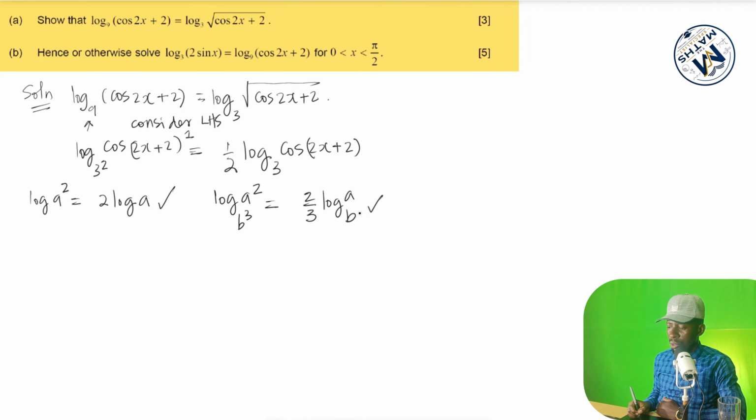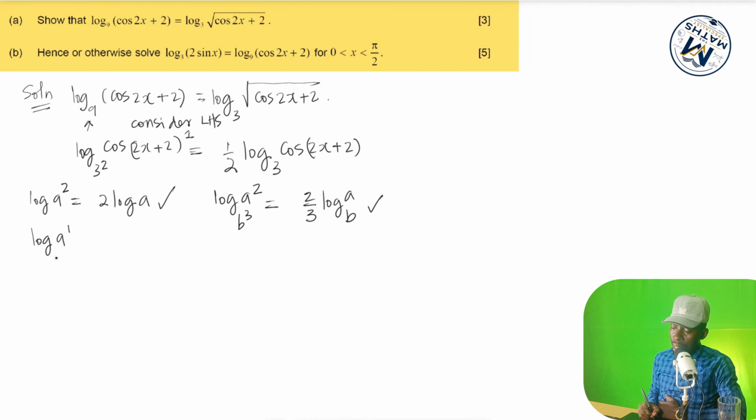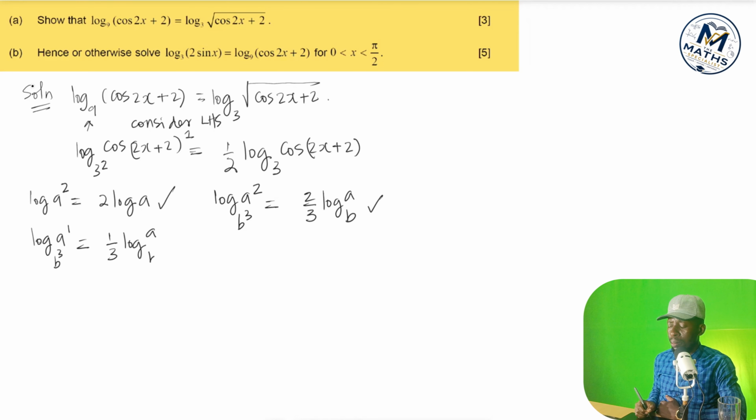What's important to note here is that the power of the logarithm argument is always the numerator, and the power of the base, once you bring it back, stays at the denominator. So if you have log a to the power of 1 and log b to the power of 3, this is equivalent to 1 over 3 log a base b.